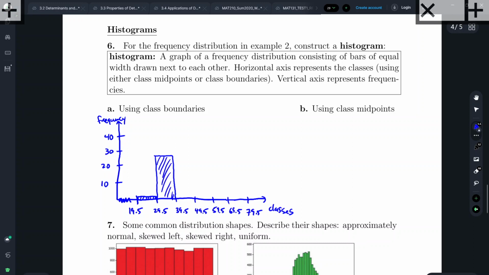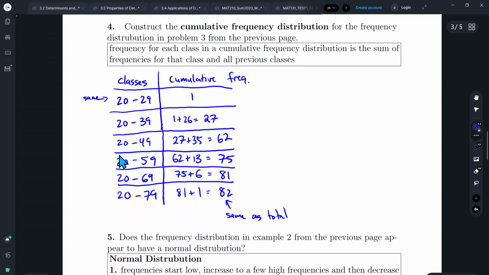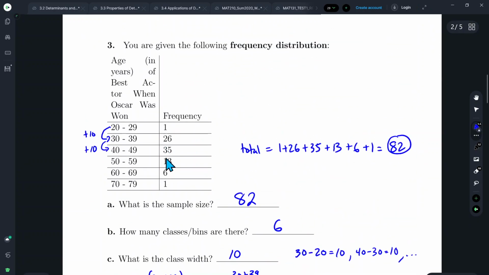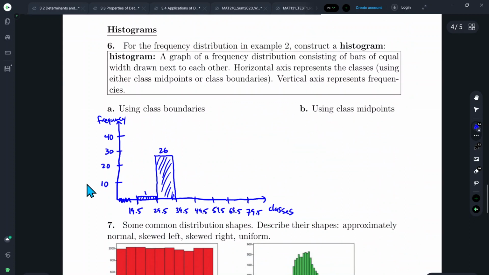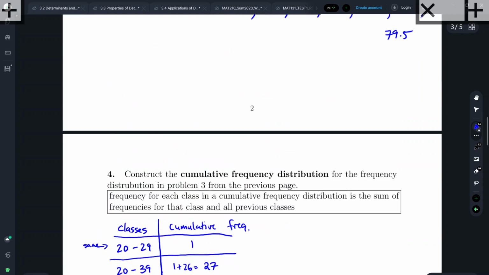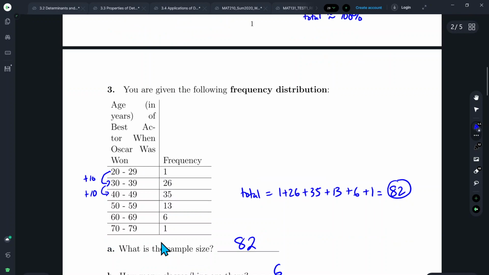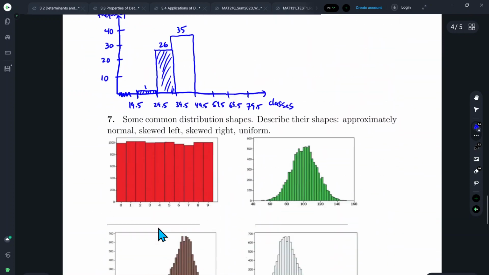And then we just repeat that, right? So let's put the number above the bar to represent how high it is. So 126, and then 35, 13, 6, and 1. So 35 is about here. And then 13, 6, and 1.